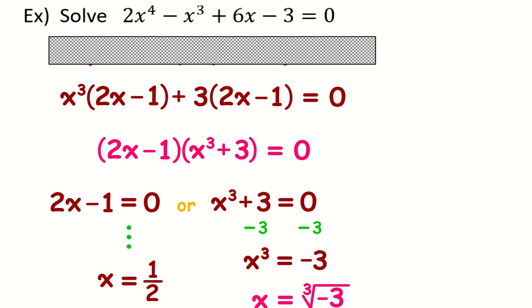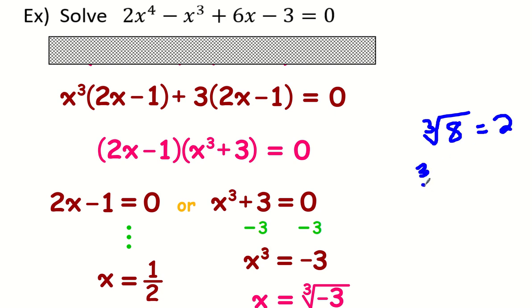Now, let me blow your mind even more. Bear with me. What if it was the third root of -8? Let me try to write this down. This is going to be so ugly. The third root of 8, for example, would be 2.